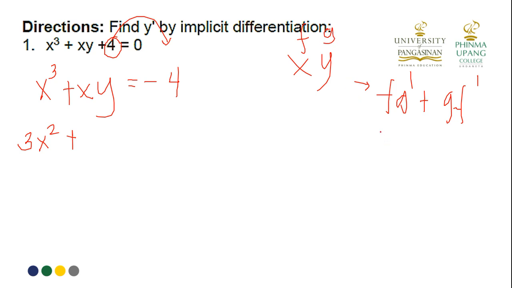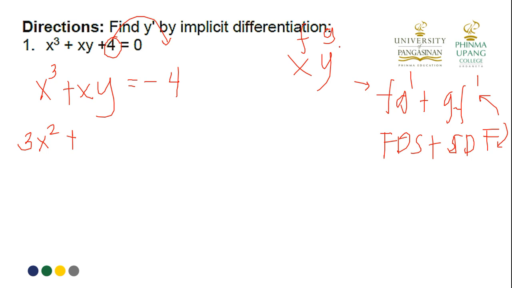So try natin yan. Same lang yan sa f dg plus g df. Kasi first muna tapos derivative ng second. Tapos second naman ng derivative ng first. Yan. So parehas lang yan dito sa binigay ko nung last discussion and then the previous and then the face-to-face class.